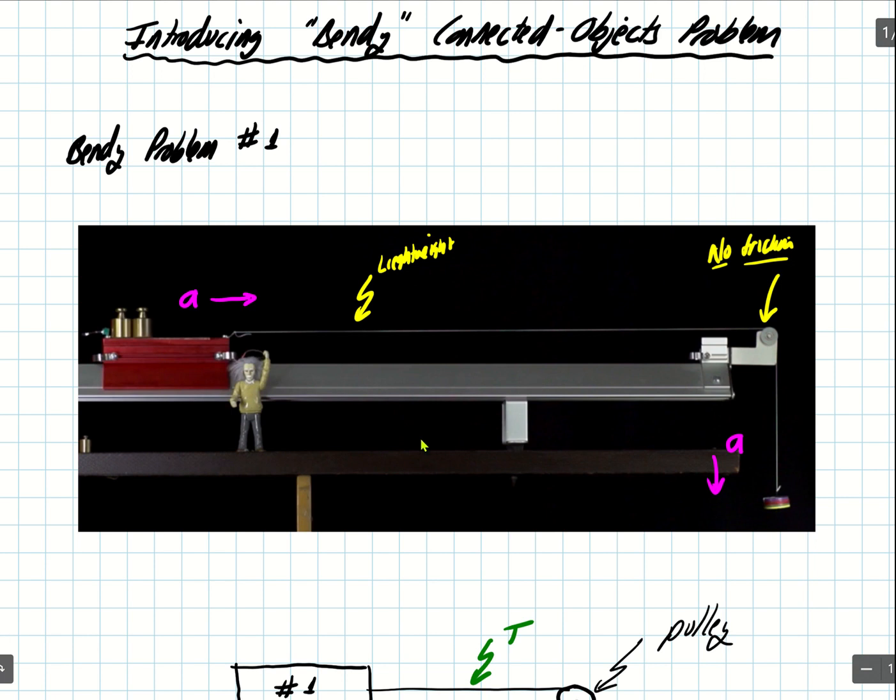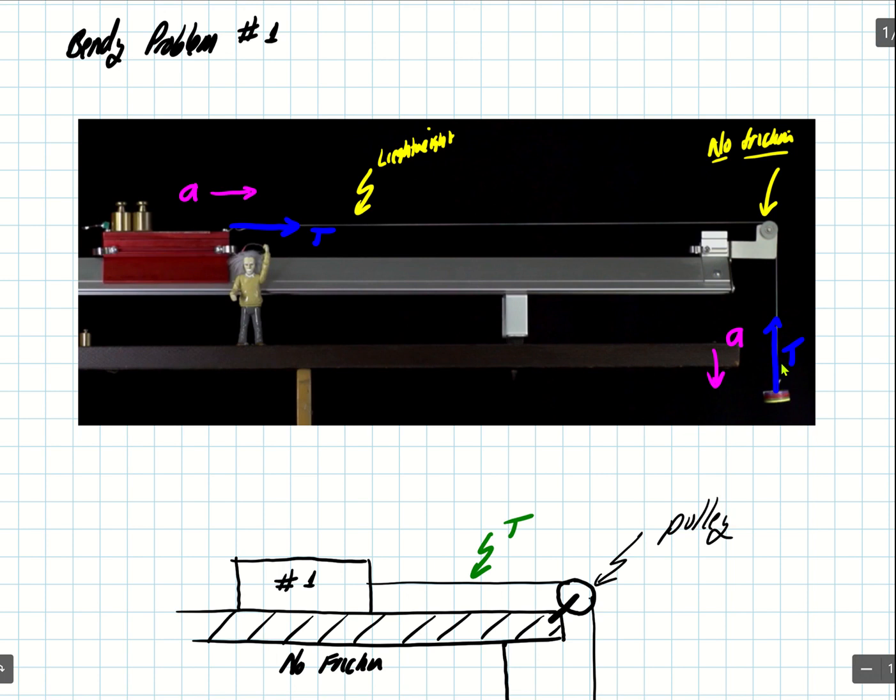Now, another thing that I really haven't emphasized before, but I want to now, is this idea of the tension. Whenever you have a tension problem, a string involved in a problem, the tension pulling in at both ends of the string will be the same. So the tension force pulling object 1 to the right is going to be the same in magnitude as the tension force pulling up on object 2.